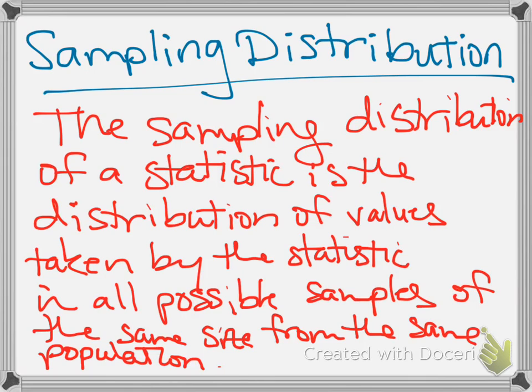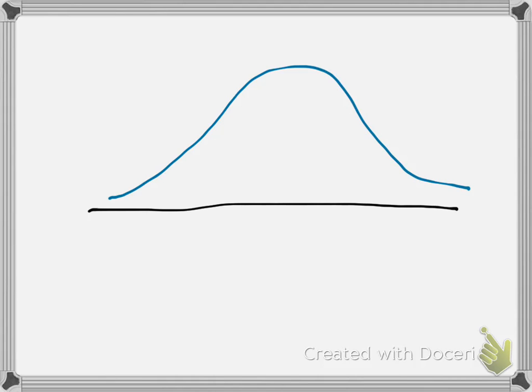And what this also means is that each time you take a sample from your population, you're probably not going to get the same results. Your results are going to vary slightly from sample to sample, and that's okay. And the reason that's okay is because when you take a look at your sampling distribution, you're probably going to see something that will end up looking a bit like a normal curve.